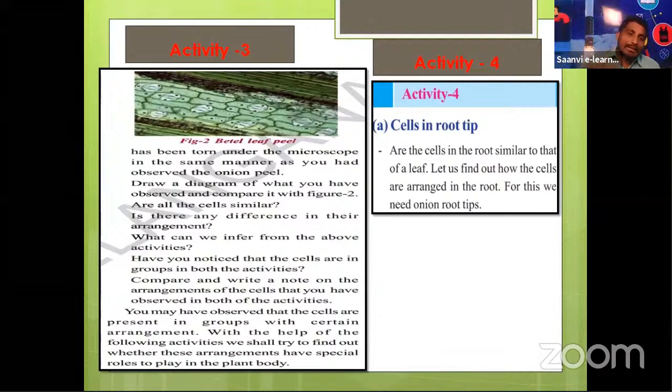Later, we have to compare it with the textbook figure, figure number 2, beetle leaf peel. Now, here some questions are given. Observe clearly. Look at the screen, all of you. And are all the cells similar?